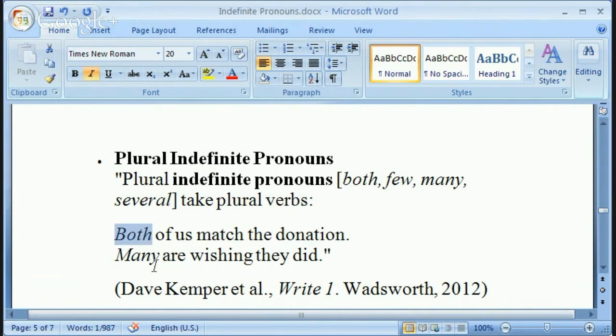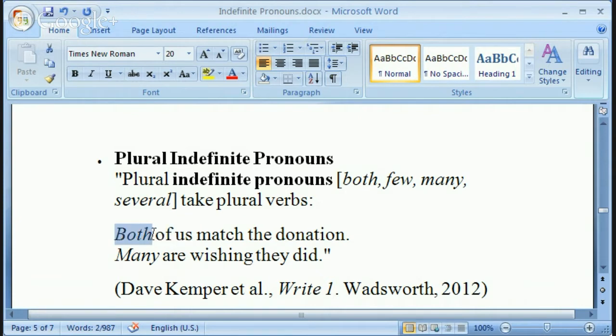In this sentence, both is functioning as a subject noun. It is called an indefinite pronoun because we don't know exactly who both is, except it's described in the prepositional phrase "of us." And actually, this is common.